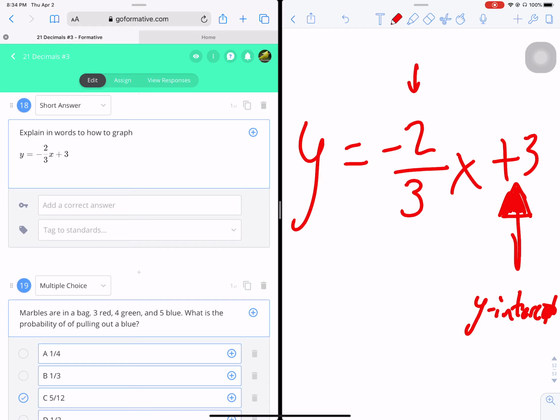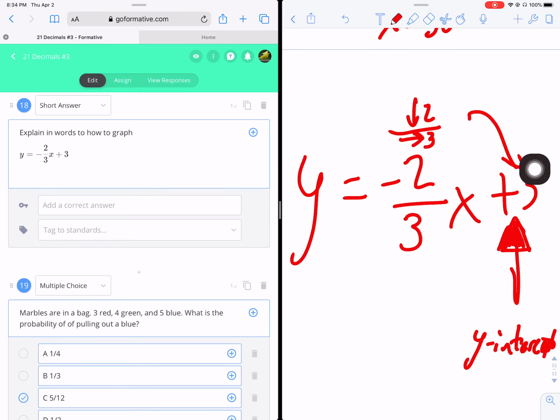It's going down 2 over 3 from the starting position. So how do you say it out loud? Start at 3 on the y-axis and go down 2 over 3. I'll do it again. Start at 3 on the y-axis, then go down 2 over 3. We're going down because of that negative right there. If the negative wasn't there, we'd go up.